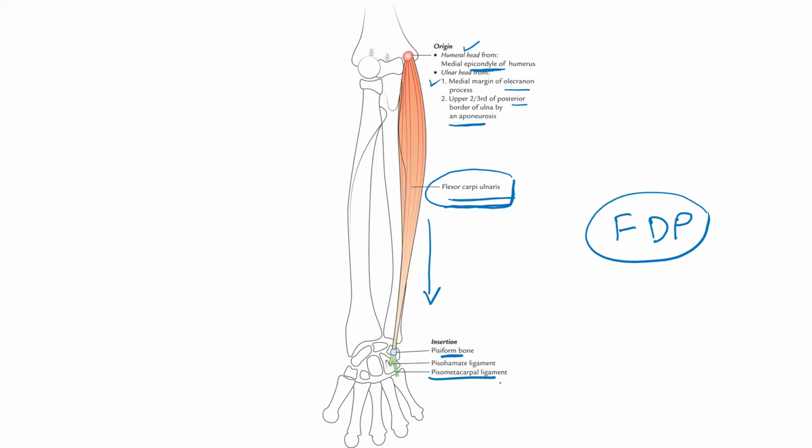So this is about the insertion of the flexor carpi ulnaris. The flexor carpi ulnaris, which is the medialmost muscle in the superficial group, is mainly involved in the flexion of the forearm along with the adduction of the forearm.